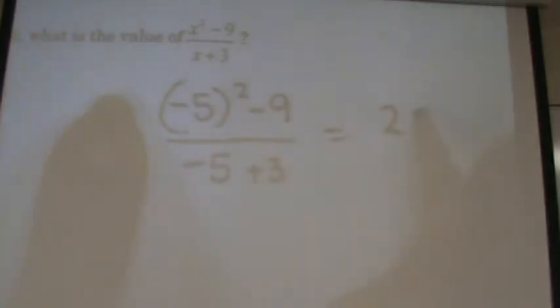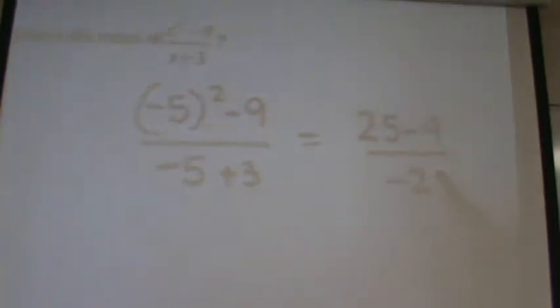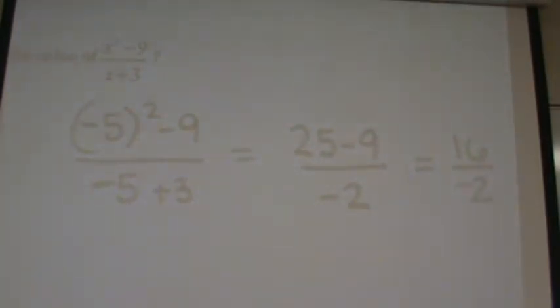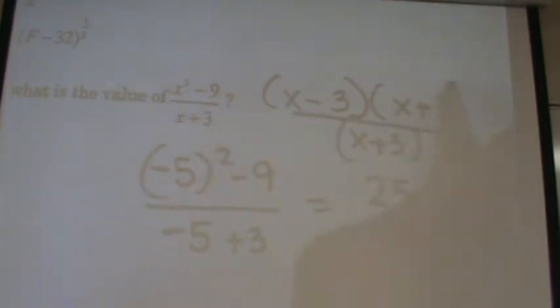So you have 25 minus 9, what's 25 minus 9? 16 over -2 is -8. Yes. You could have factored this, canceled those out, and then plug -5 in here and you get -8. That's the other way you could have done that.